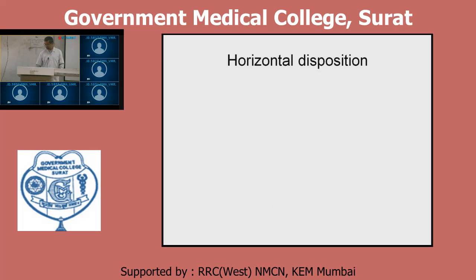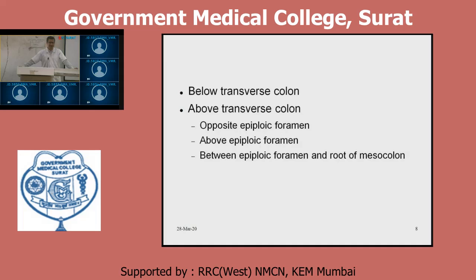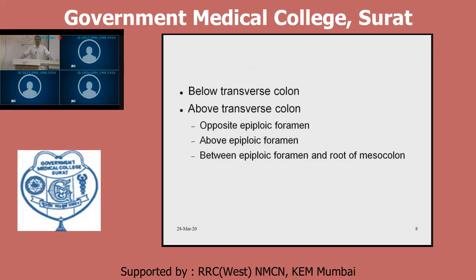Now below and above transverse colon: below is simple, but above the transverse colon there is presence of one opening, the epiploic foramen, and this epiploic foramen lies in relation with the lesser omentum. How? Yes, we will trace where there is location of this epiploic foramen.